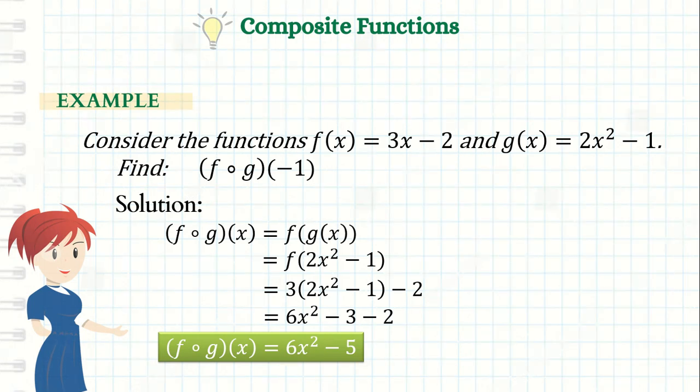Tapos, isa-substitute po yung 3 sa 2, 3 times 2 equals 6x squared, kasi po bring down, kakopyahin po yung x squared na nandito po. Tapos 3 times negative 1 equals negative 3 po ang sagot. Tapos, bring down 6x squared po. Tapos negative 3 minus 2 is equal to negative 5 po.